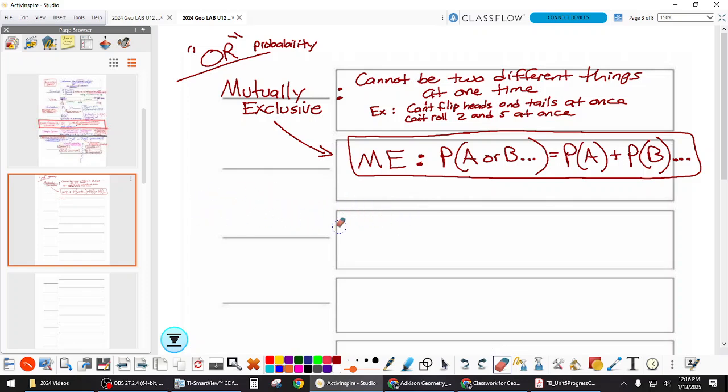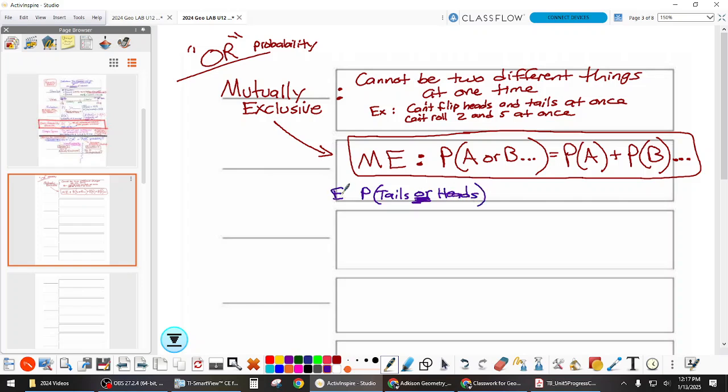So same with the dice. What if I said probability of rolling a 1 or a 2 or a 3? They're each 1 out of 6, so it would be 1 plus 1 plus 1, or 3 out of 6. Make sense? If they're mutually exclusive, we can just straight add them because their probabilities don't affect each other. Okay? Go ahead and write the tails and heads thing. Please underline the word or so you see that.